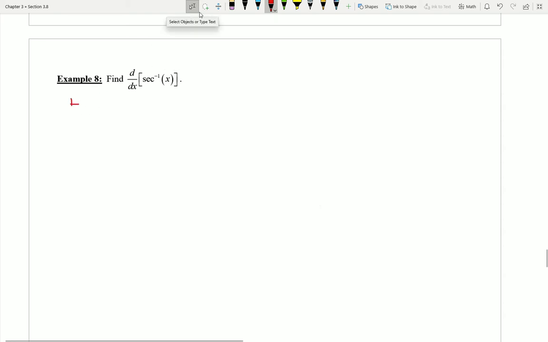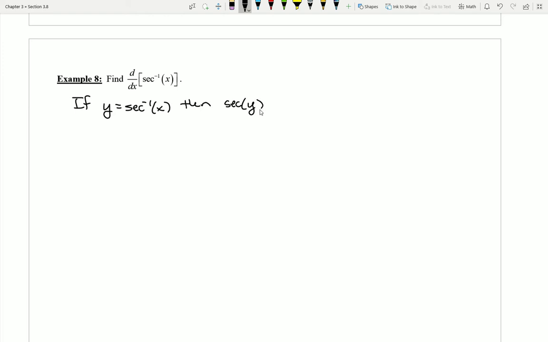So we can start off by saying, and I'll switch colors back here again, that if y is equal to the inverse secant of x, then this means, of course, that the regular secant of y should be equal to x.